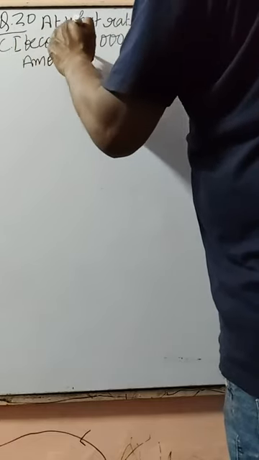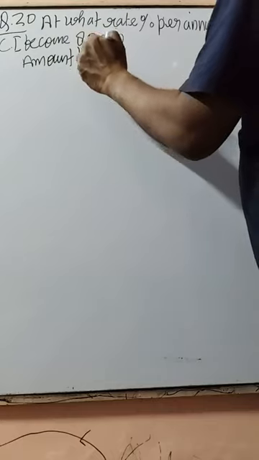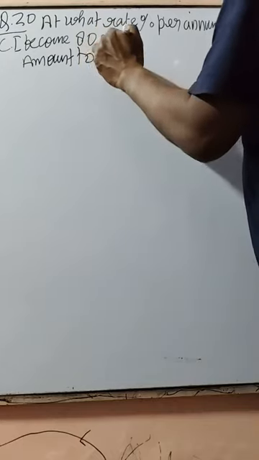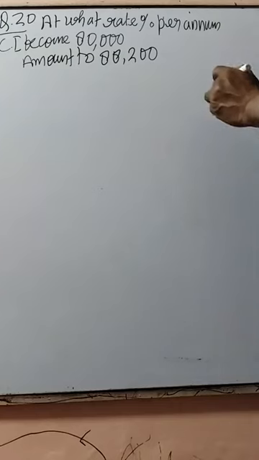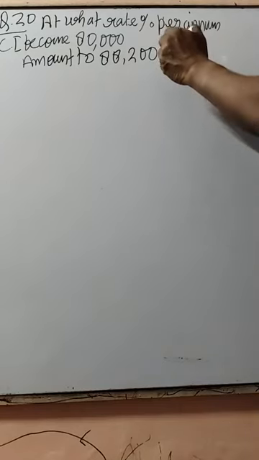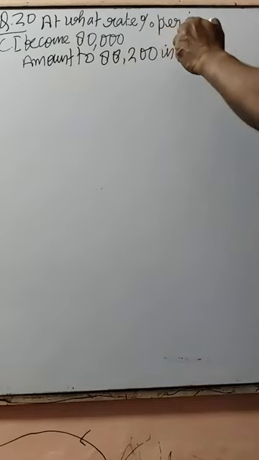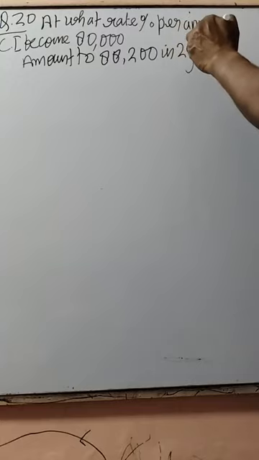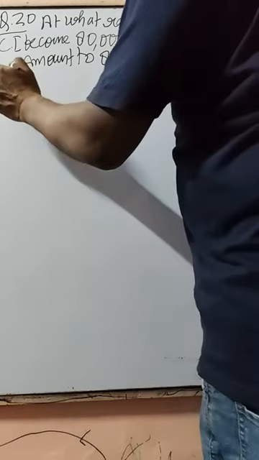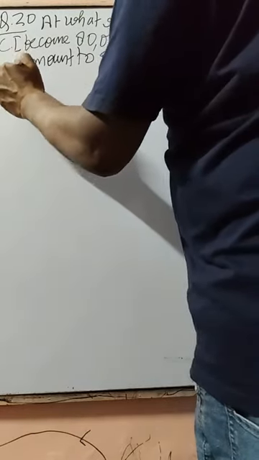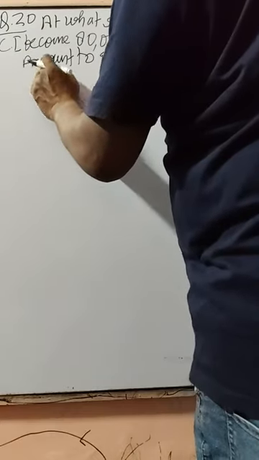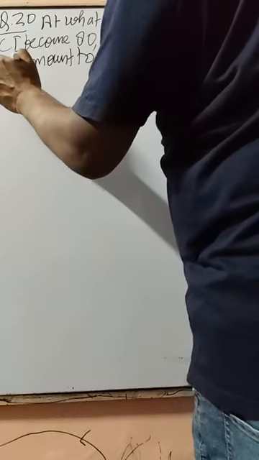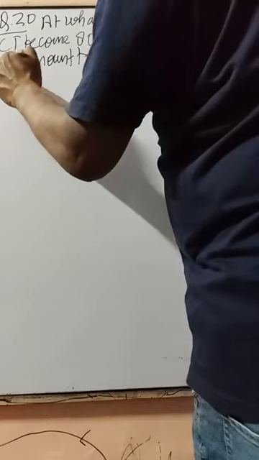amount to 88,200 in 2 years. Interest being compounded yearly.